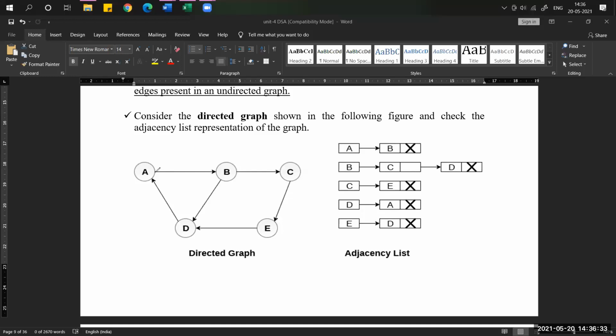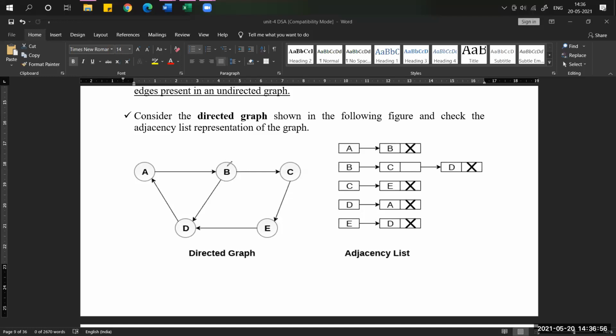From A, where is the edge? There is only one outgoing edge, and it reaches B, that's why A to B. There is no other edge from A, that's why we kept null here.